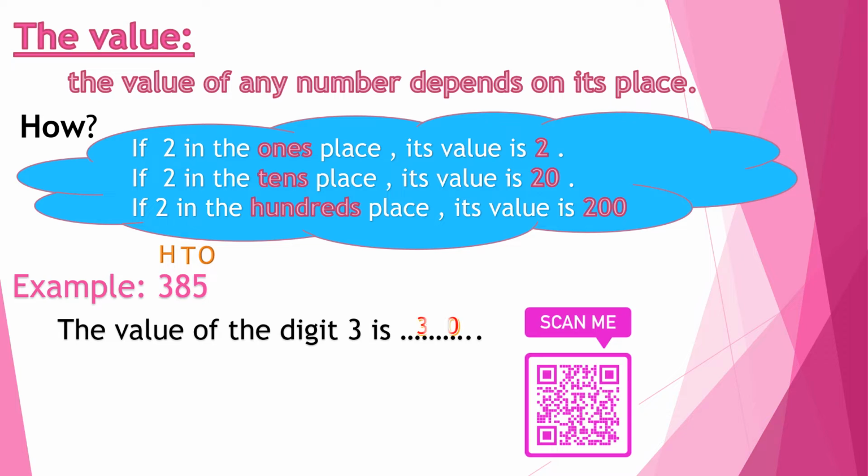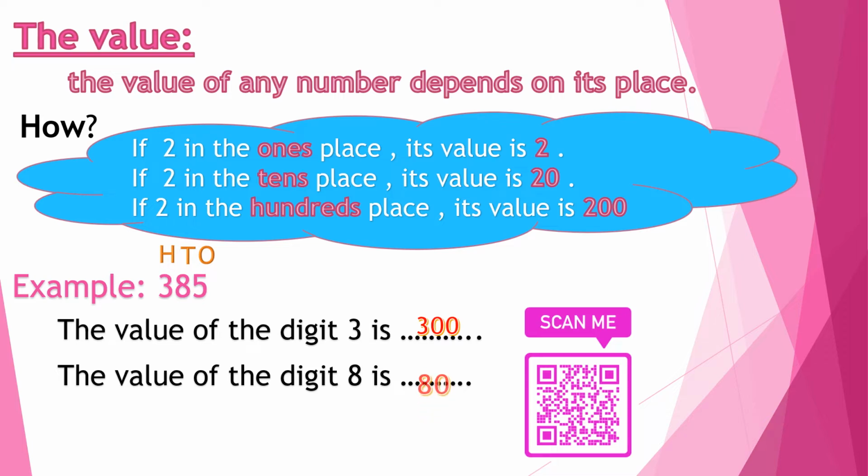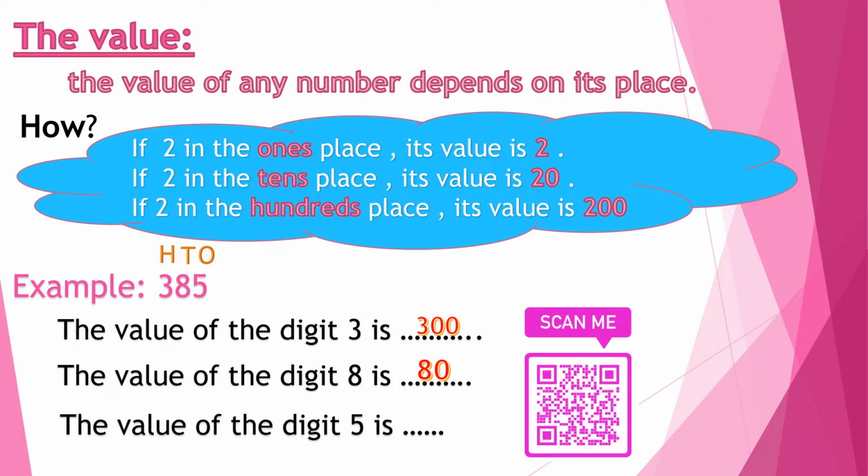We put 2 zeros. 300. The value of the digit 8 is what? 8 is in tens. So we put 1 zero. The answer is 80. The value of the digit 5: 5 is in ones. No zeros. So we write 5.